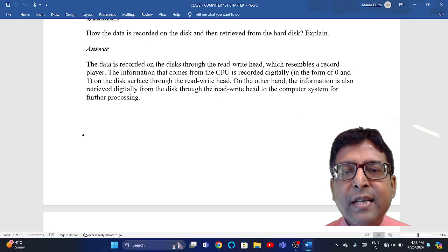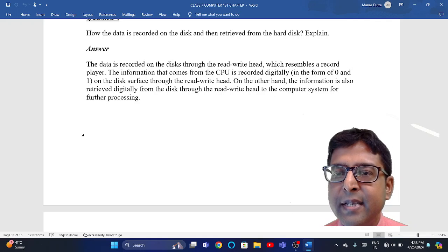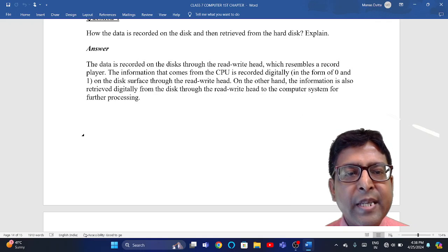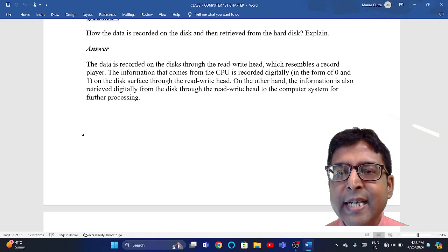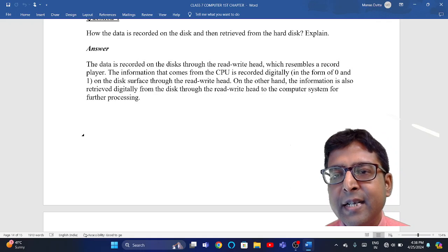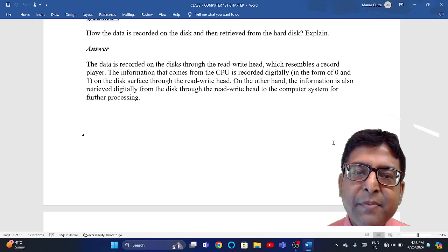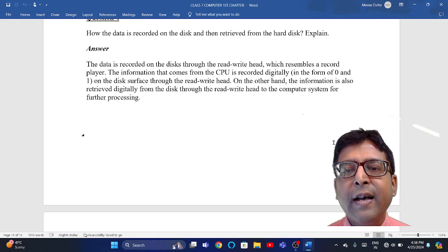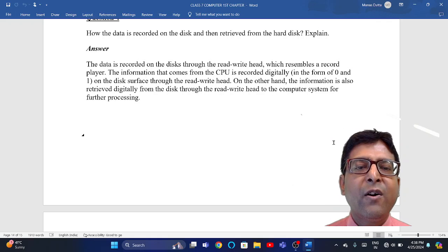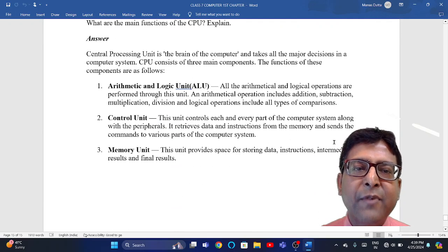The information that comes from the CPU is recorded digitally in the form of 0 and 1 on the disk surface through the read-write head. On the other hand, the information is also retrieved digitally from the disk through the read-write head to the computer system for further processing.